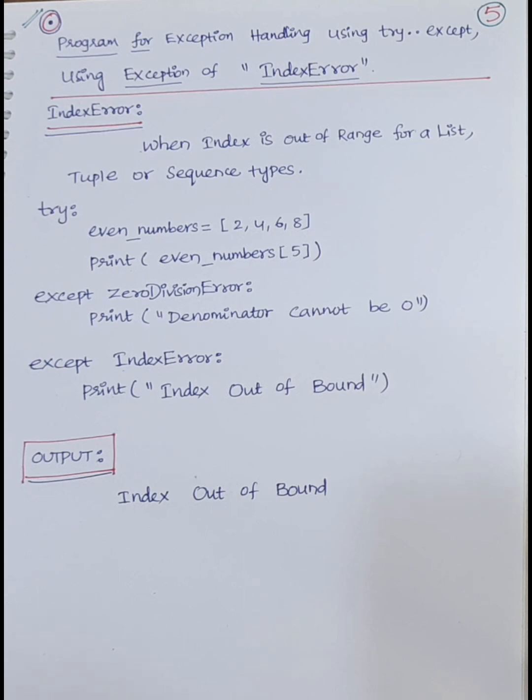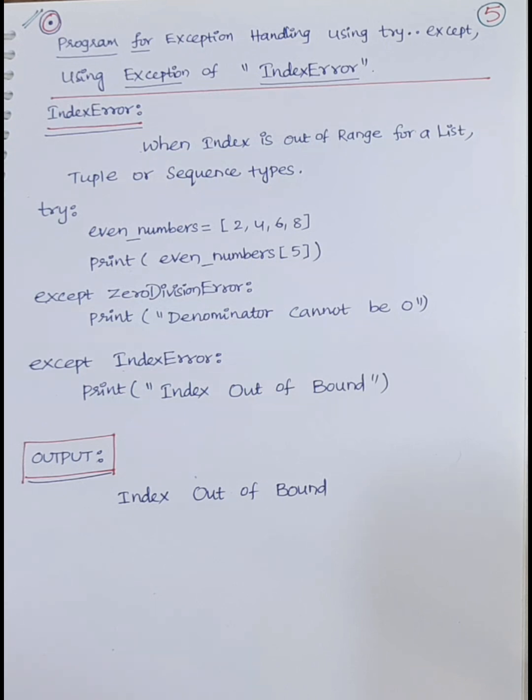For the list even_numbers, index 0 is 2, index 1 is 4, index 2 is 6, index 3 is 8. My indices stop at 3, that is 4 values, indices 0, 1, 2, 3.